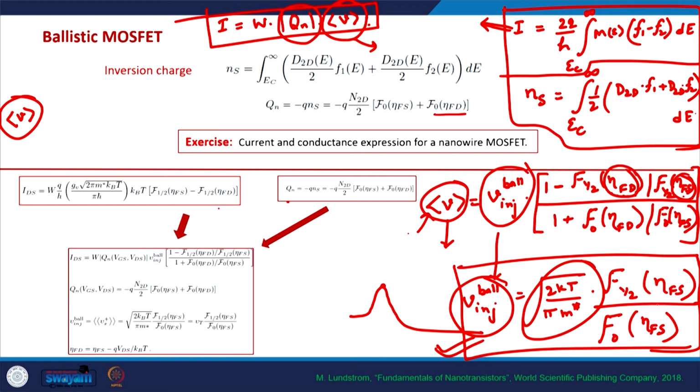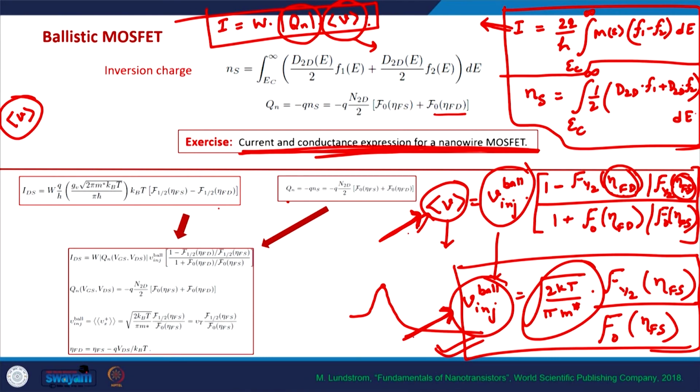Okay, so in the transport theory, essentially now we have reached the average velocity at the top of the barrier, which is, I would say, the most important conclusion in the MOSFET transport. So this is what we will discuss in more detail in the coming class, and till then I would like you to do this calculation, the current, conductance and the charge calculation for a nanowire MOSFET, and try to think more about this average velocity in the channel at x equal to 0 point.